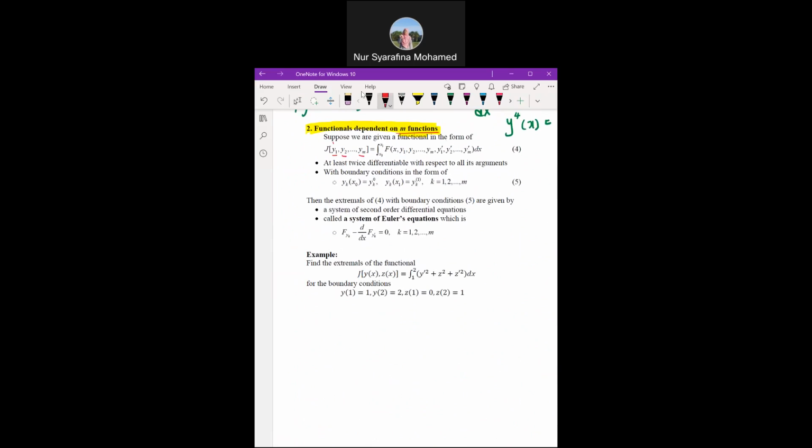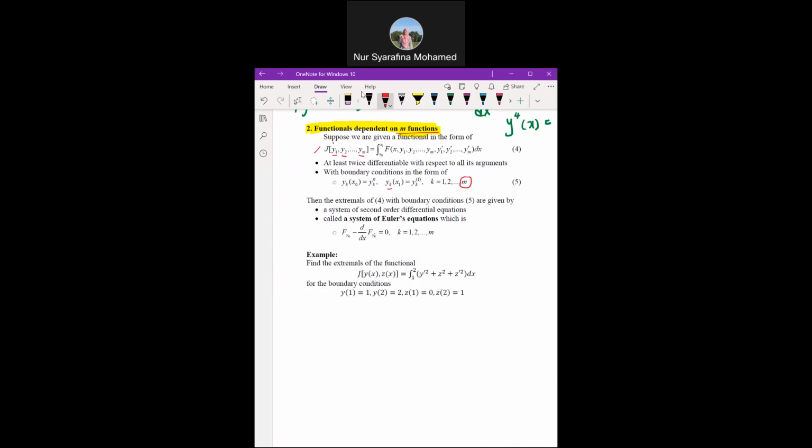For this case, f is at least twice differentiable with respect to all its arguments, with boundary conditions in the form yk(x0) equals yk0 and yk(x1) equals yk1, for k up until m. So how many k depends on how many functions m there are.